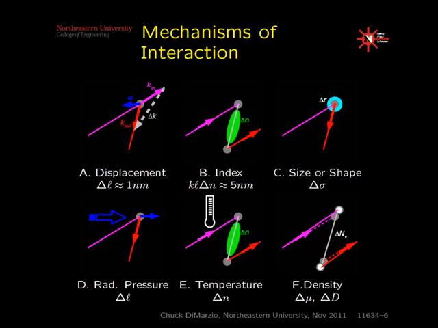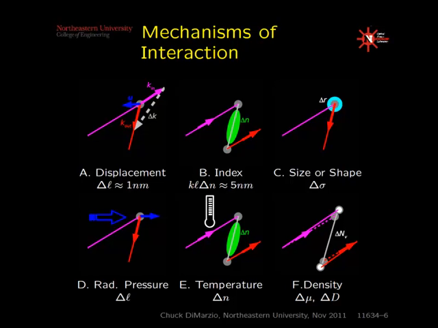Another option is that if a scattering particle moves, the physical length of the path changes. The physical length is going to change according to the component of the displacement that is along the delta k vector for the scattered light. So in this case, it would be the small component of the displacement that's in this direction.